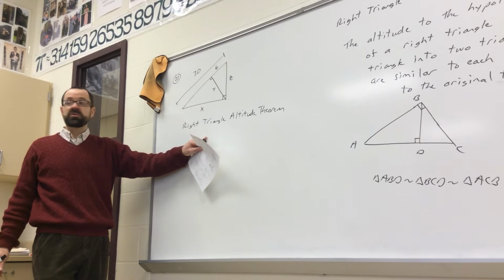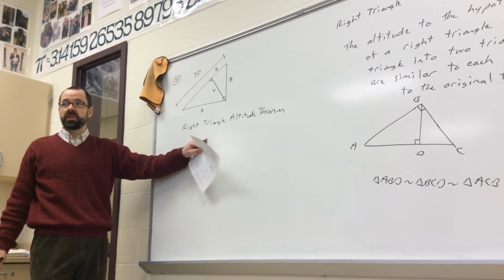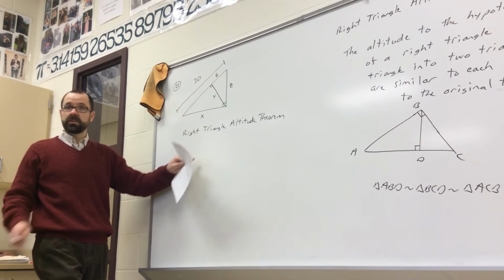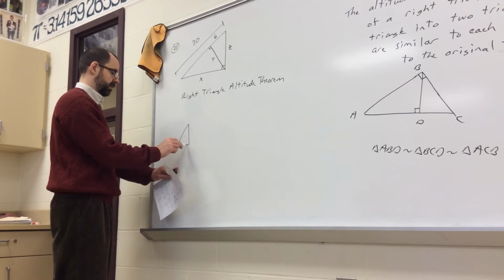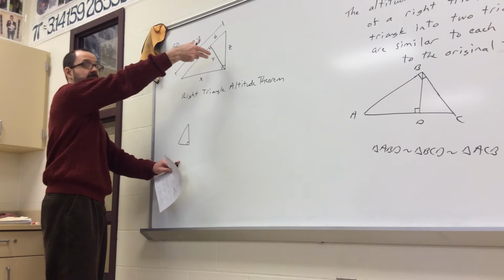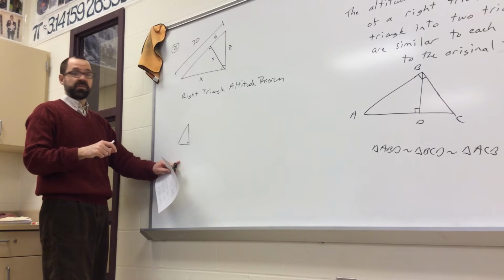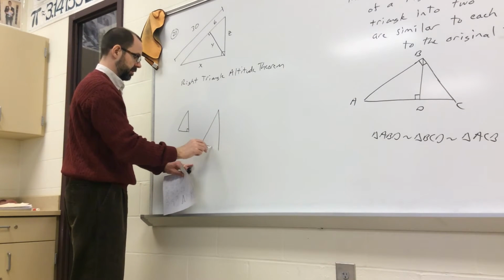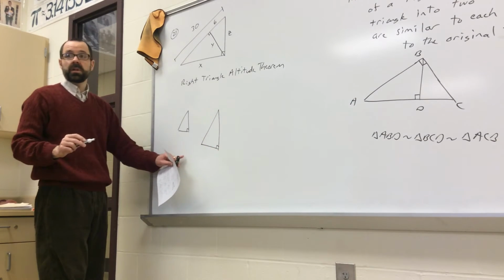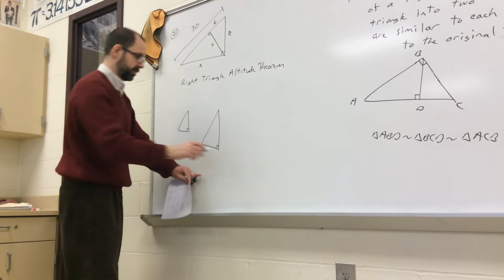All right, so we have three triangles in the picture. We have the mini one. So I'm going to turn that one. We have the medium-sized one. And then we have the biggest one.